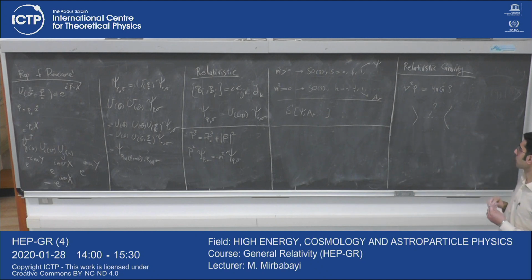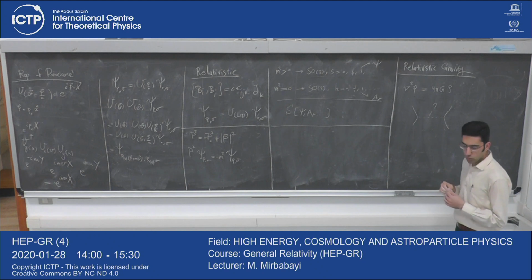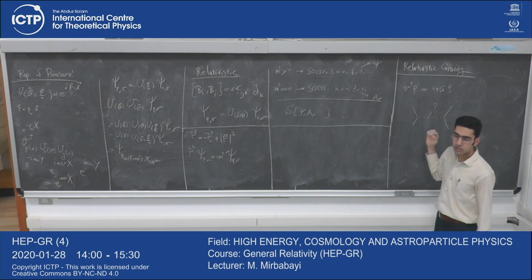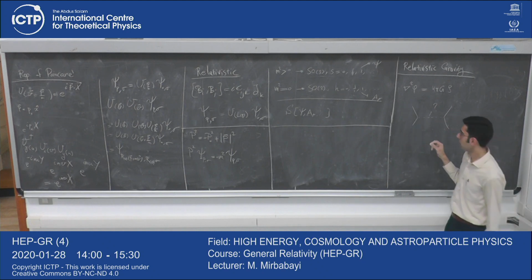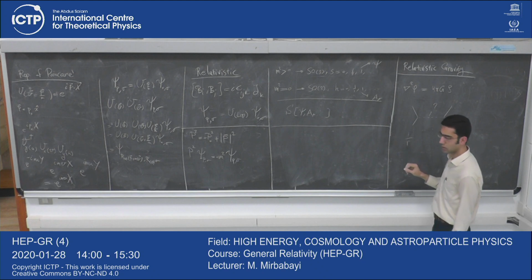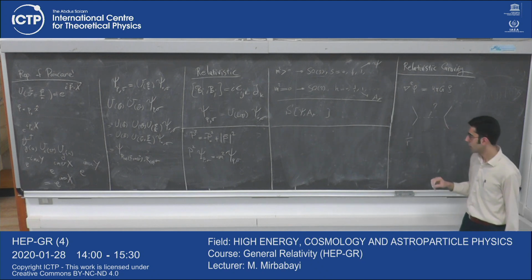So we can already understand many things without too much work. For instance, we know that gravity is a long-range force, meaning that if you have two massive particles, it gives a force which goes as 1 over r squared, or the potential that goes as 1 over r.